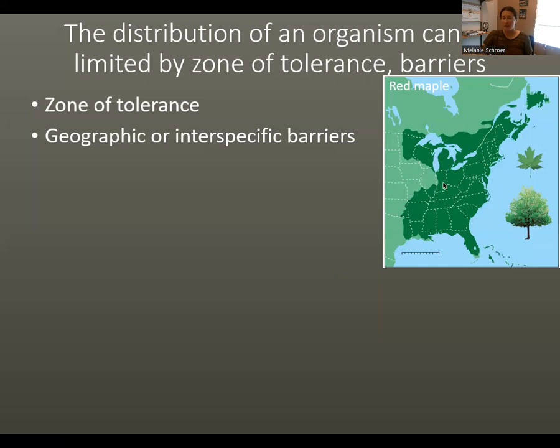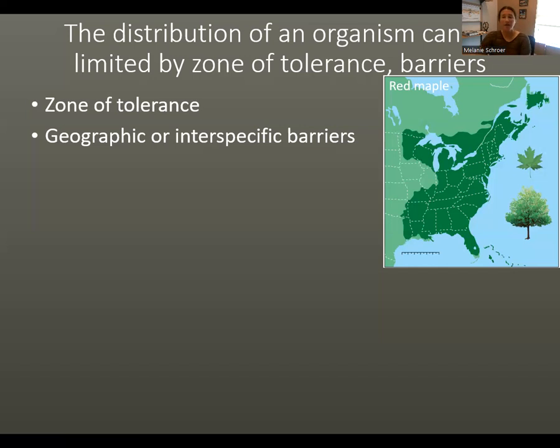So along this east-west axis here, we can see the upper limits of water tolerance, right, and the lower limits of water tolerance. And so essentially we can imagine a zone of tolerance here. The optimal conditions are in this range. And so again, the zone of tolerance for different environmental characteristics determines the distribution.